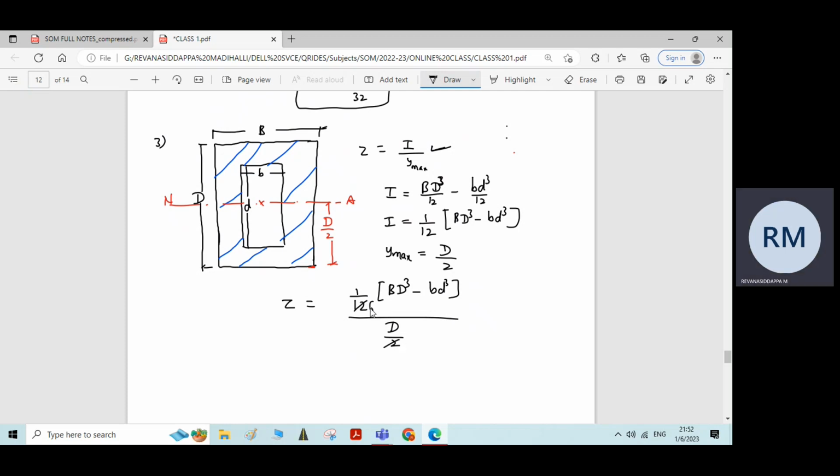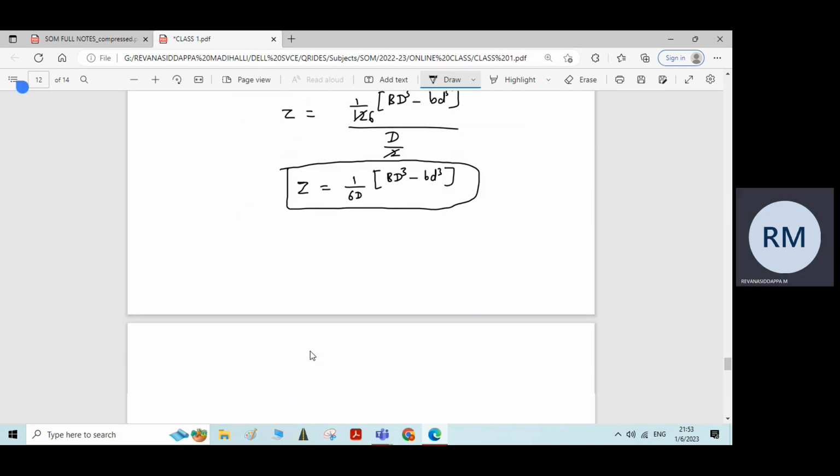After simplification we will get Z is equal to 1 by 6D into (BD cube minus bd cube). So this is the formula for the section modulus of a hollow rectangular section.